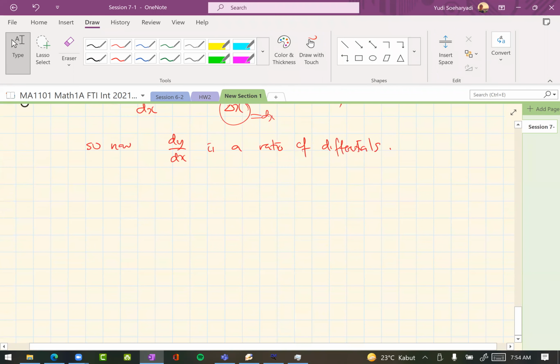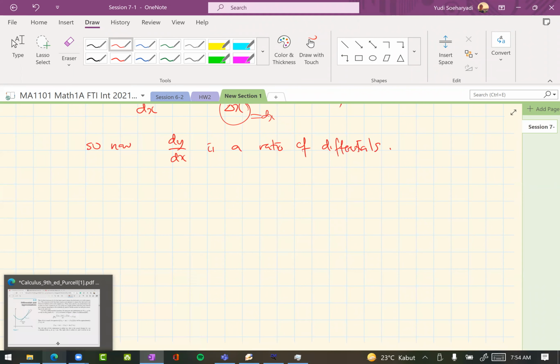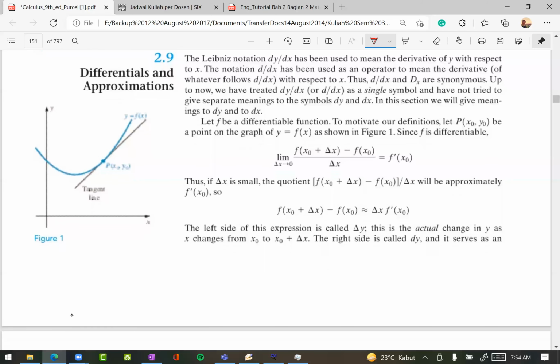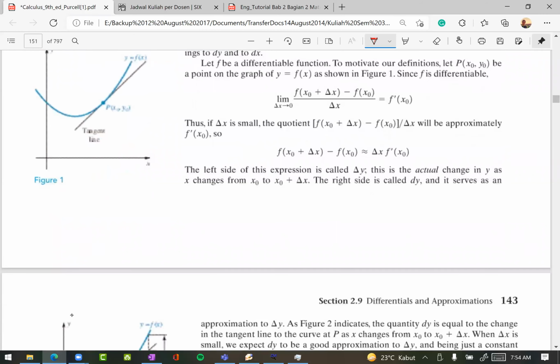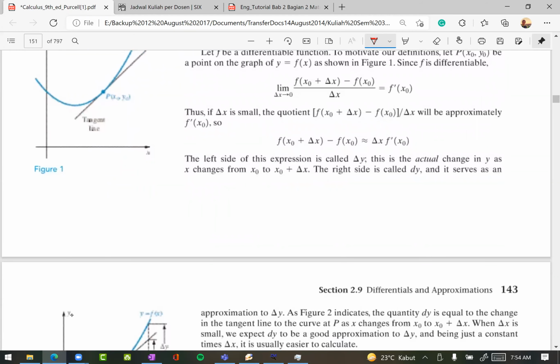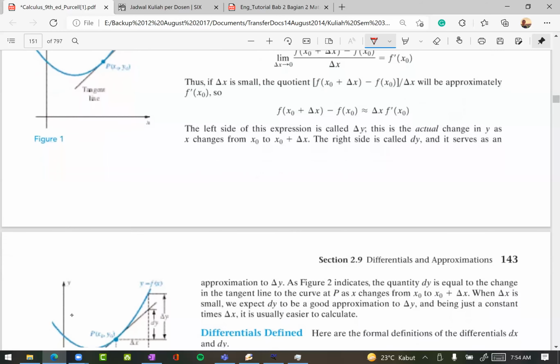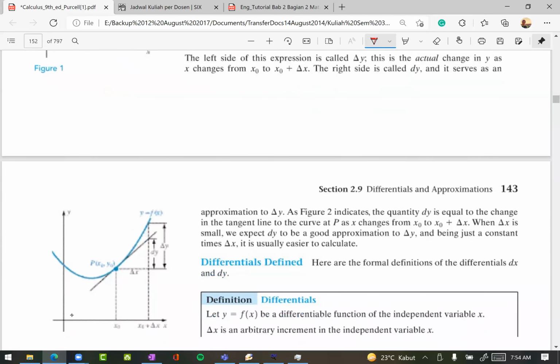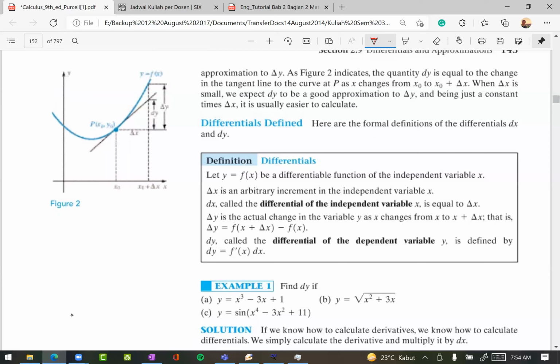Okay, so how do we see this? Let's do an example. Let's go back to the next book. Okay, so what does it mean?